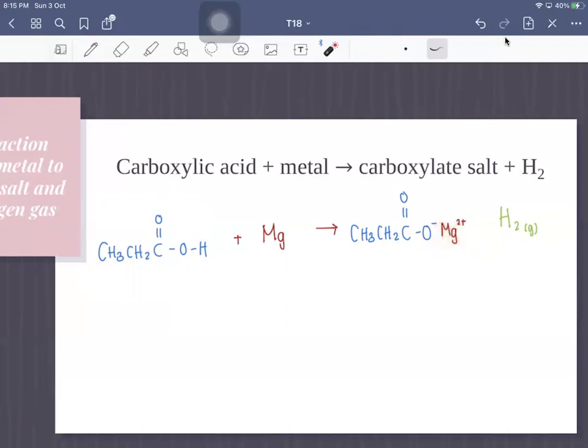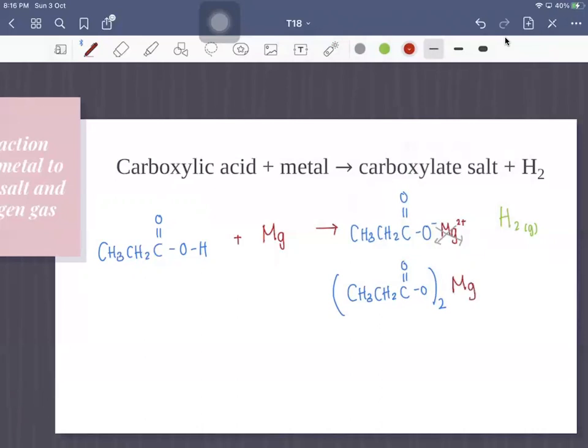So if I were to draw this, you bring down the 2 and you bring down the 1 across. That means CH3CH2C double bond O is now 2 lots, and my Mg is now 1.